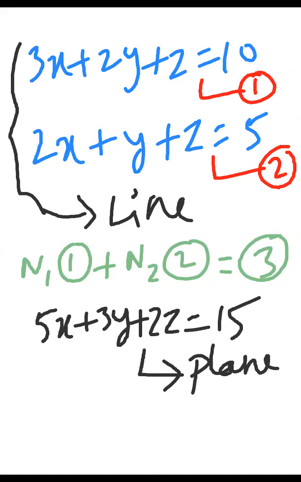But with this type of understanding, you can quickly conclude that the system will have an infinite number of solutions. But the only condition is that these two equations have to be consistent first. Consistent in the sense that they should not be parallel to each other.